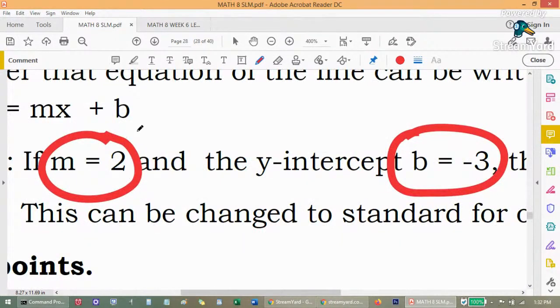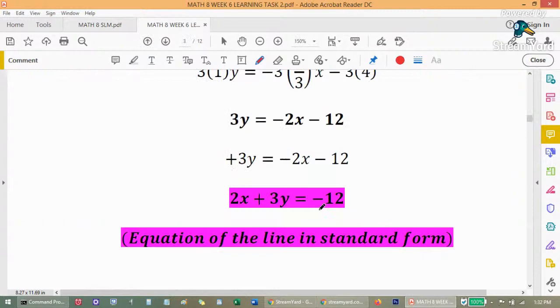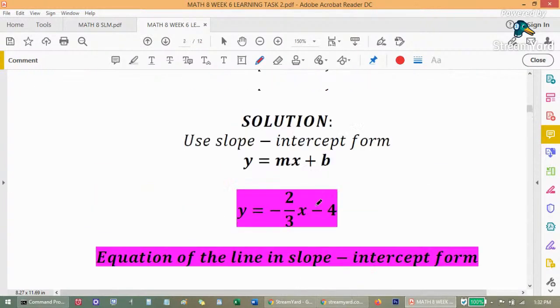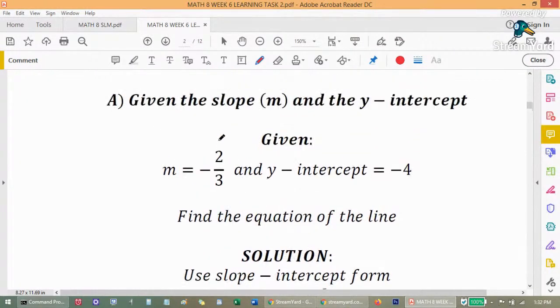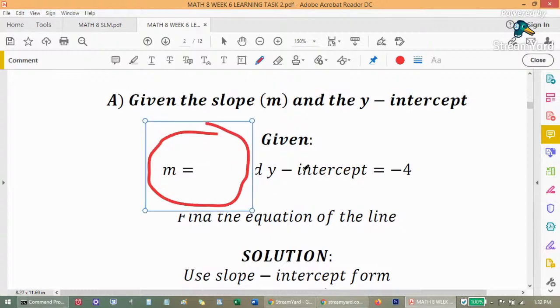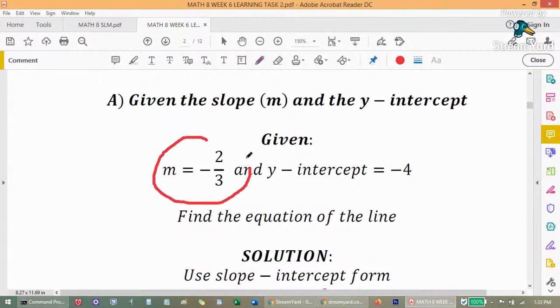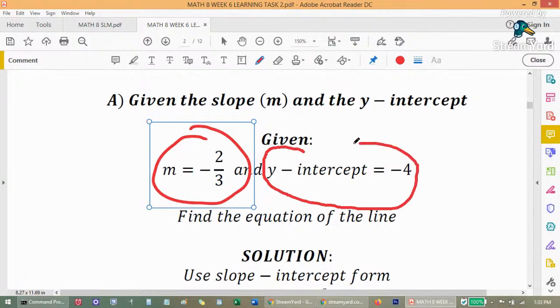Meron tayong slope, meron tayong y-intercept. Kagaya ng ginawa natin dito.